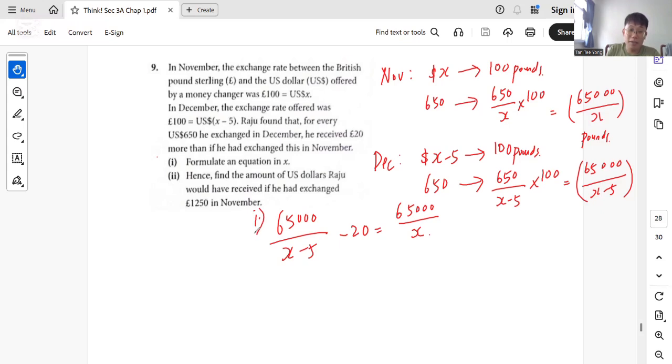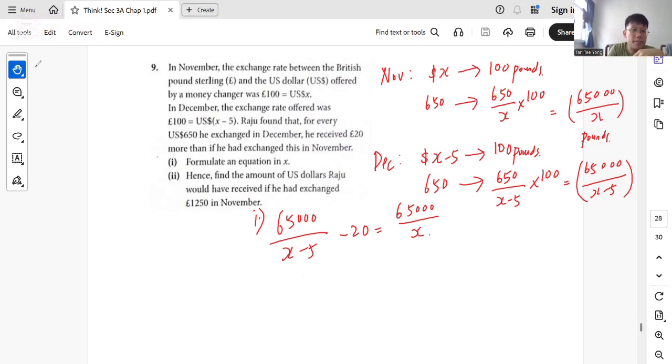But for part two, you have to solve for X, because they want us to find the amount of USD Raju would receive if he had exchanged 1,250 pounds in November. So we have to find out what X is first, the exchange rate. Basically, shift everything. Maybe I should write it on the left now.